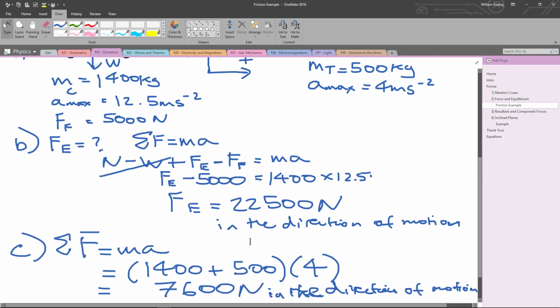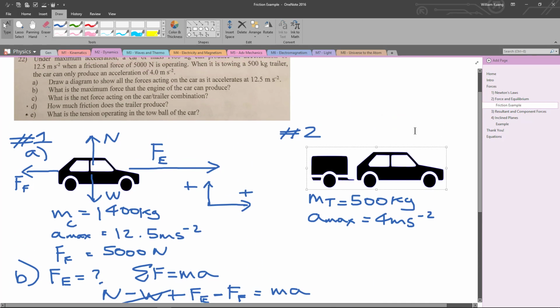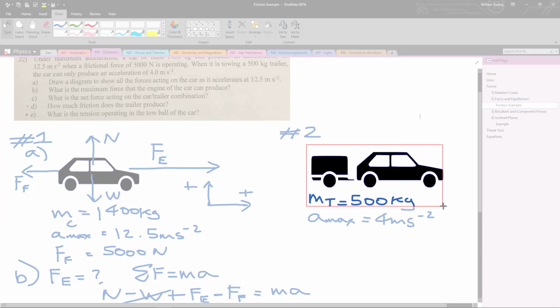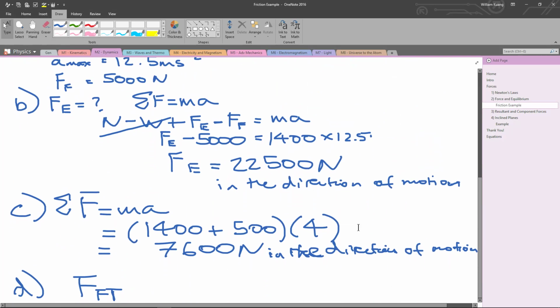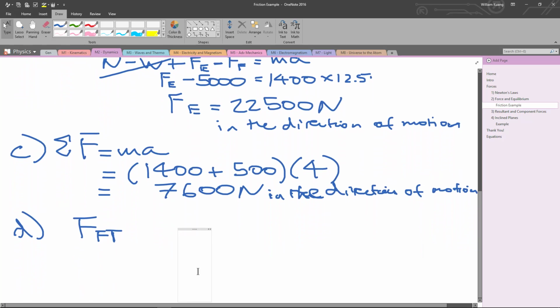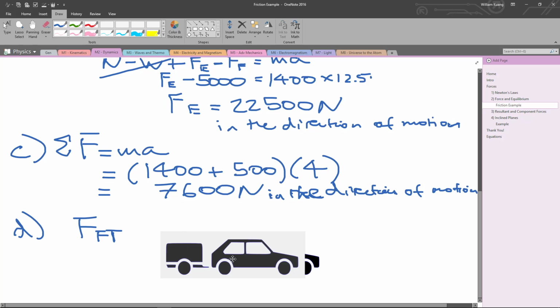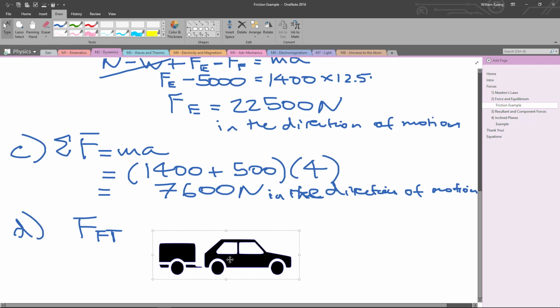So let's grab this image. And then I'll just snip the image here. And then I'm just going to paste the image again down here, just to give you guys a better example. Alrighty. So in this example, let's draw all the different forces that are present.